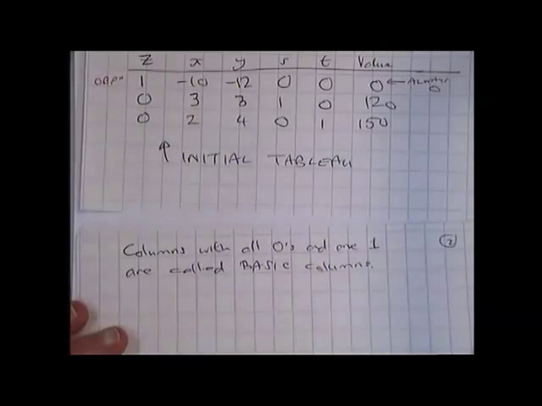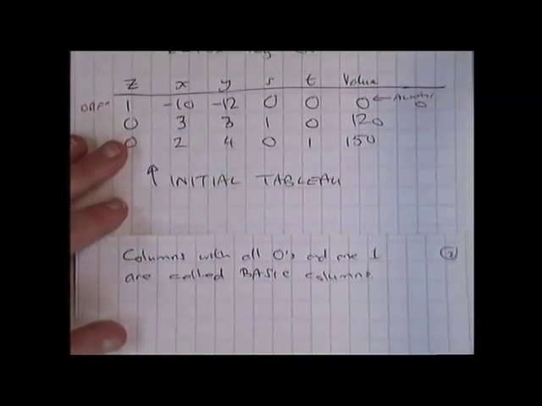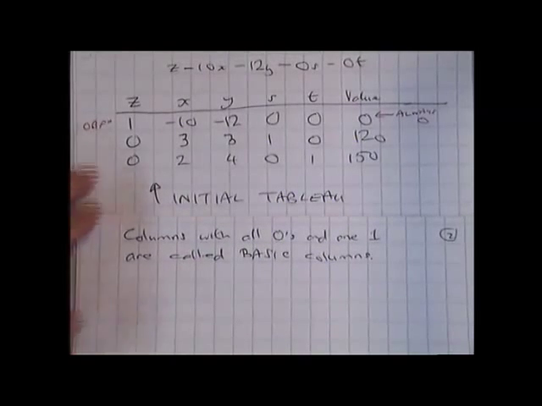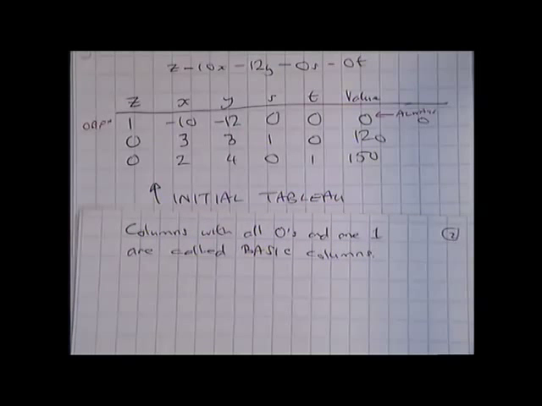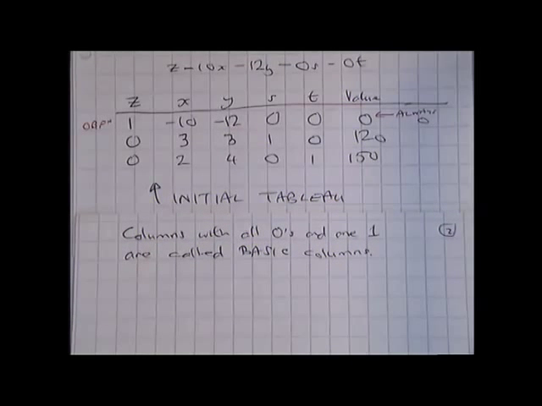Basic columns, the columns itself. And what you do, you find those columns and it actually tells you what the answer is at this point. It tells us at the moment what our solution is. It's not an optimal solution, but this is how you do it.